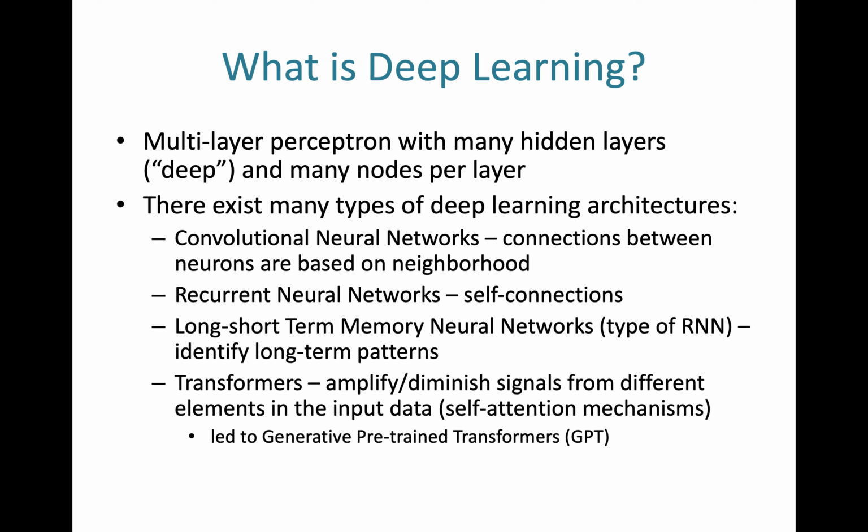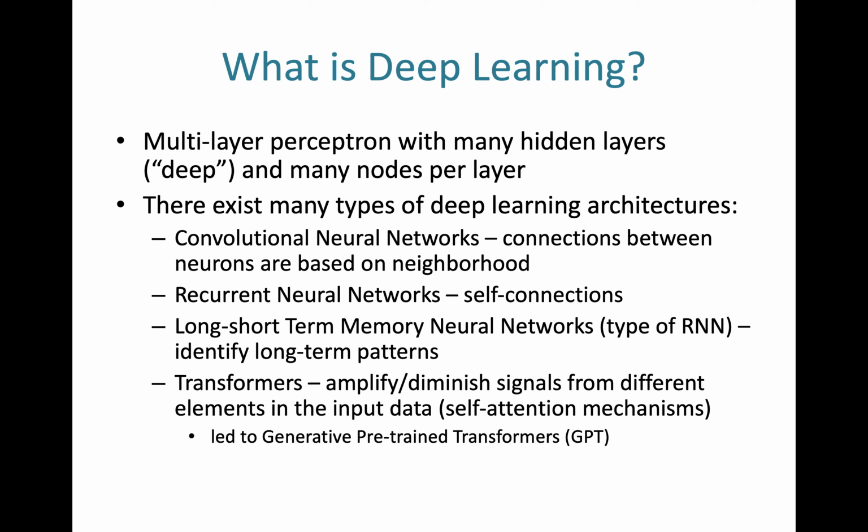You might also have heard about recurrent neural networks, and a subtype of them, long short-term memory networks, or LSTMs. Recurrent neural networks, besides having a lot of layers and a lot of nodes, have as their main characteristic that a neuron can have a connection to itself. That's why they are called recurrent. So, for the simple models that we've seen, the arrows always connect different neurons, but you would have an arrow to itself in a recurrent neural network.